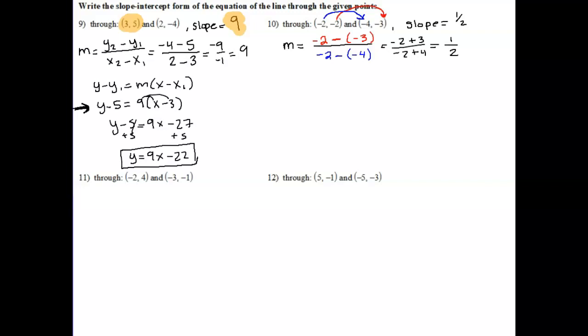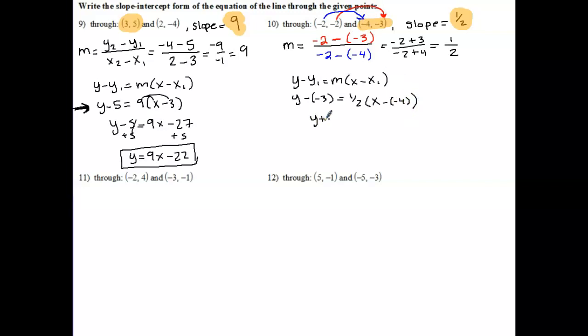We pick our favorite point. It doesn't matter which one we pick. I'll pick the second point this time. So I will pick this one, and I'll use my slope of 1/2. If you pick the first, as long as you do your calculations correctly, we'll end up with the same equation. Y minus y1 equals m times x minus x1. I plug in my y value from the point I'm using, which is -3. 1/2 is my slope, and then x minus the x value from the point that I'm using, which is a -4.